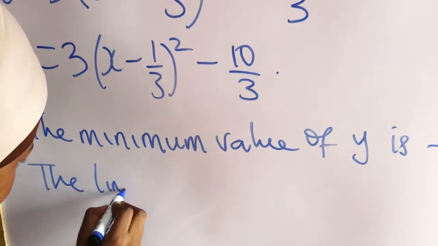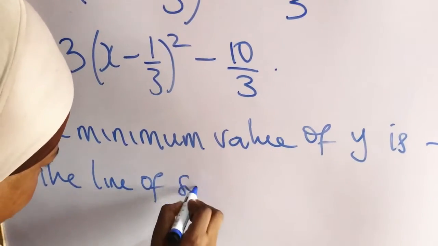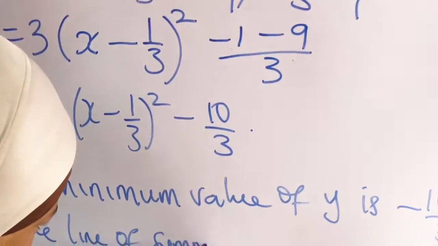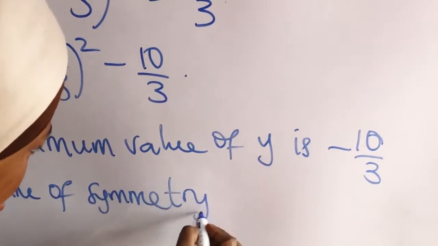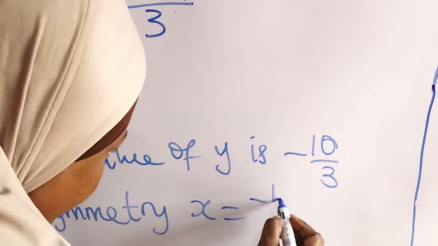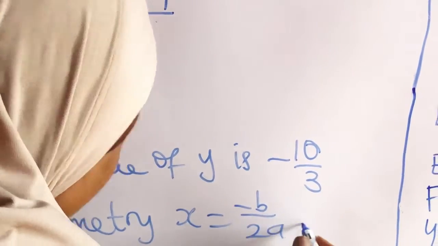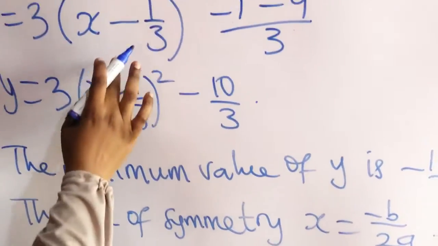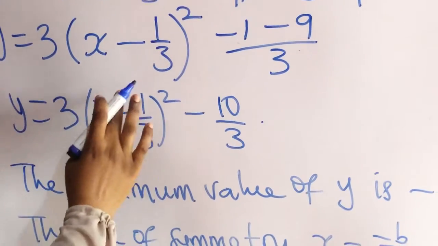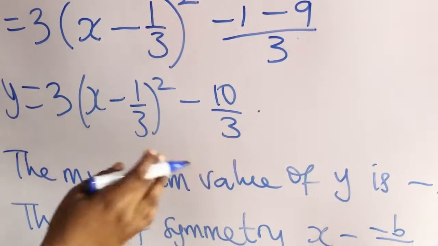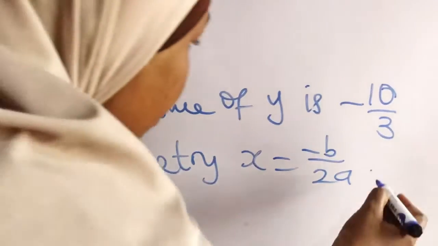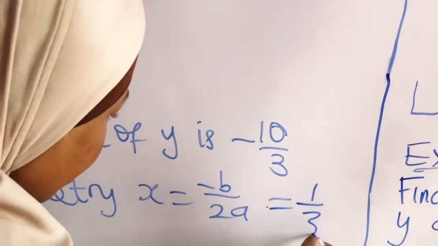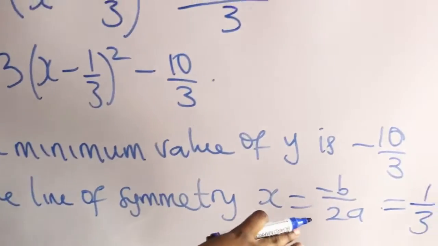The line of symmetry occurs when x is equal to minus b over 2a. You can see that this is the place where we have b over 2a. If you take it out, it's going to be 3, so 1 over 3. If you like, you can just substitute.